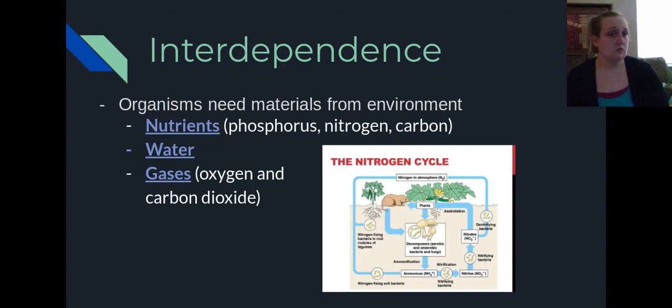Oxygen is important for all organisms, no matter what type. Carbon dioxide is more important for plants and other organisms that use the process of photosynthesis to produce their own food, because the carbon dioxide is converted into carbs. Photosynthesis and cellular respiration are two things that we'll learn in a few months during the semester.